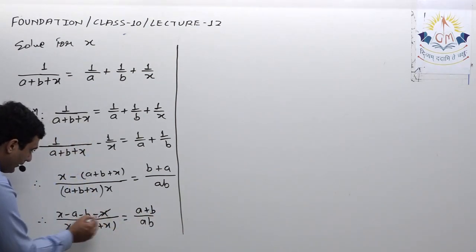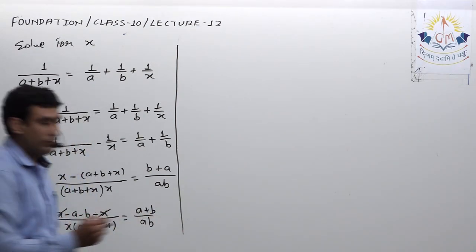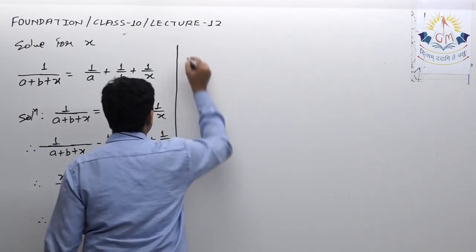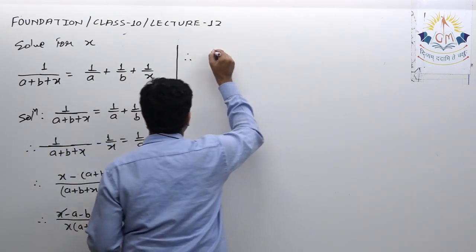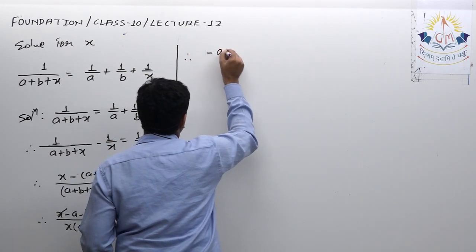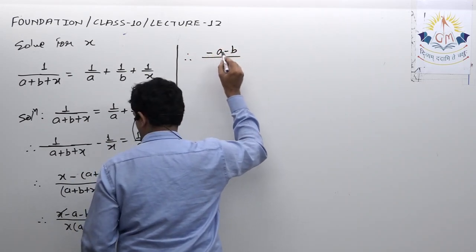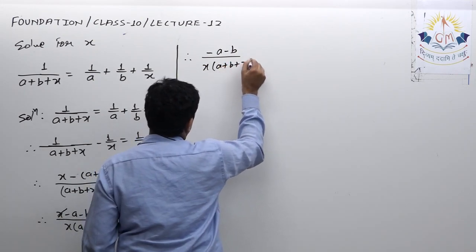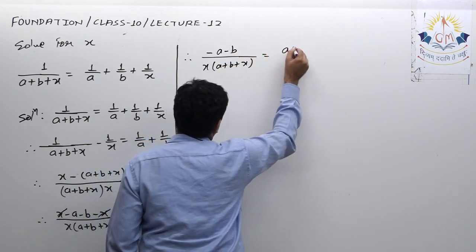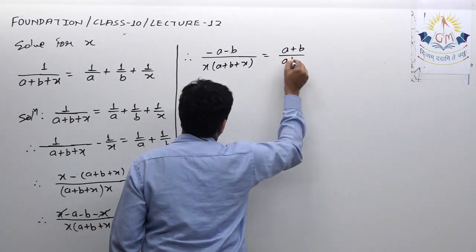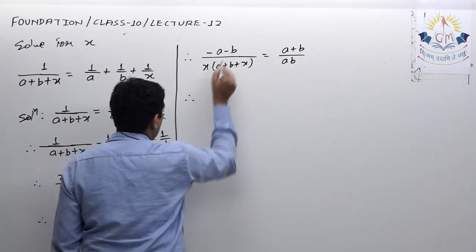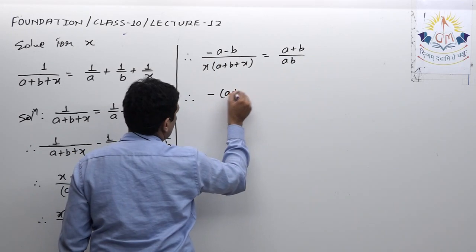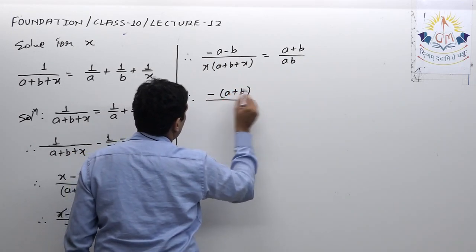Now here minus x plus x I can cancel out. So over here I will get, in the numerator, minus a minus b divided by x into a plus b plus x is equal to a plus b upon ab. Now if I take the minus sign common in the bracket, I'll get a plus b.